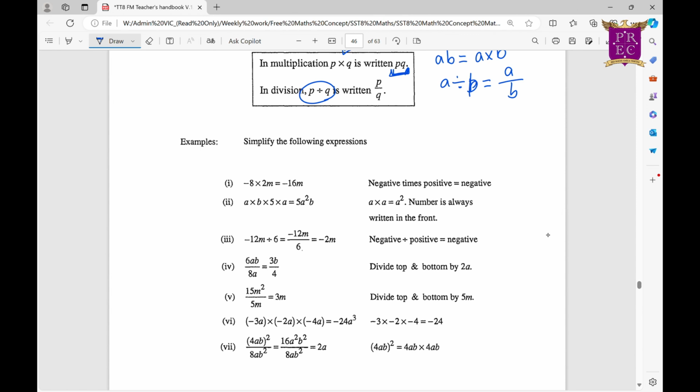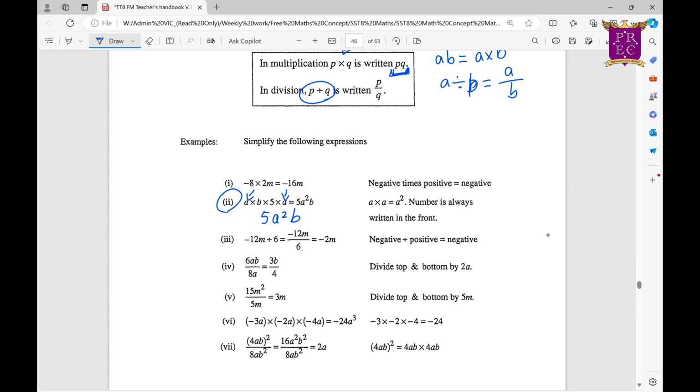So, for example, in example 2, you have a times b times 5 times another a. That'll give you 5 and a squared because there's 2 a's here, and then a b at the very end.